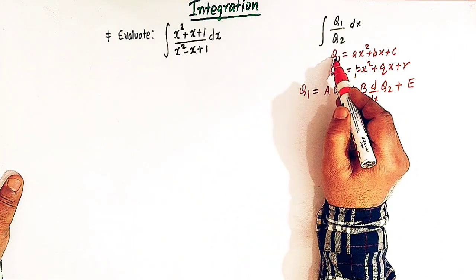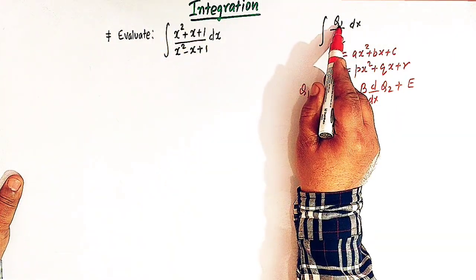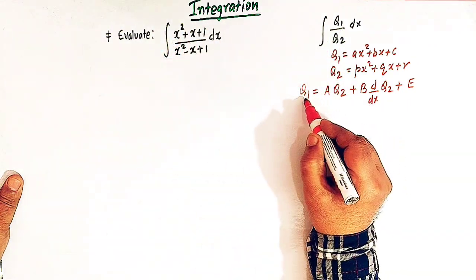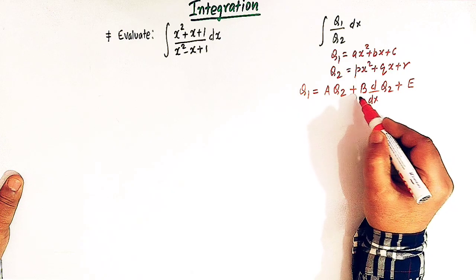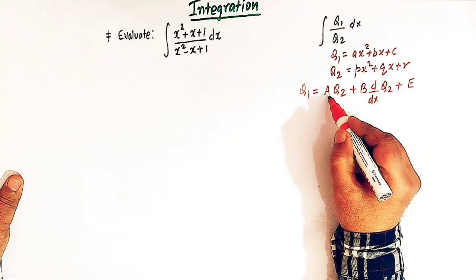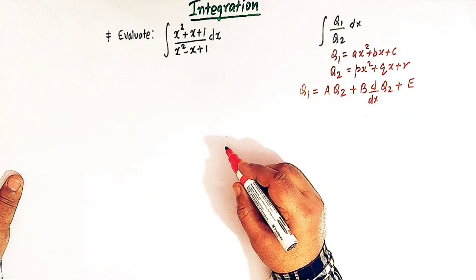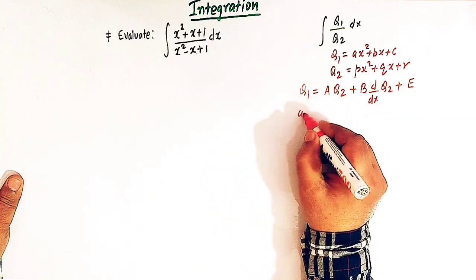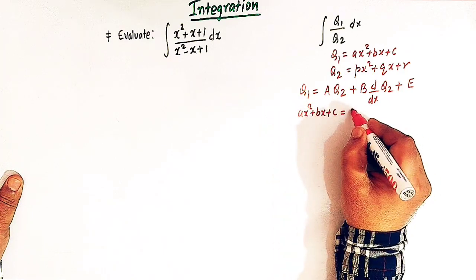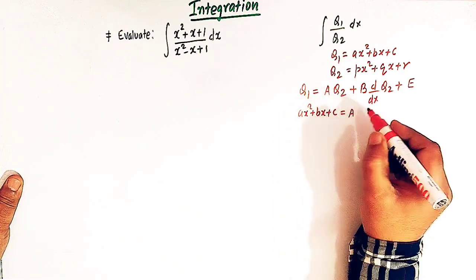So we'll express this quadratic function q1, which is present in the numerator, as a times q2 plus b times the derivative of q2 plus e, where a, b and e are constants. So q1 is ax square plus bx plus c, and we have a times q2.